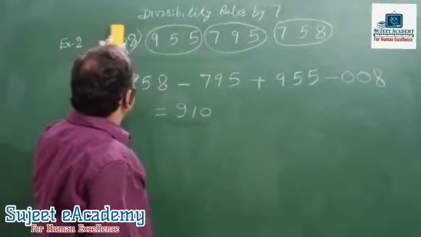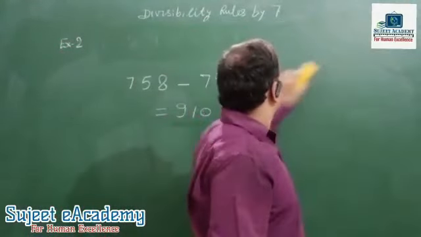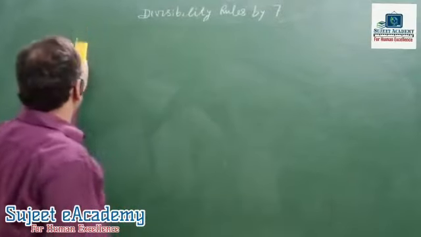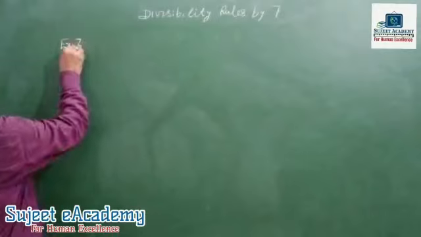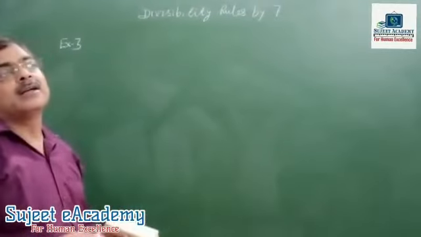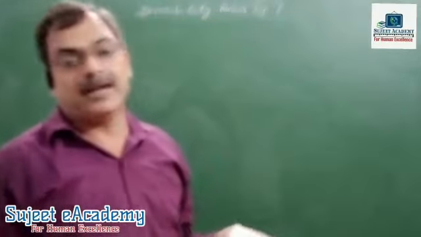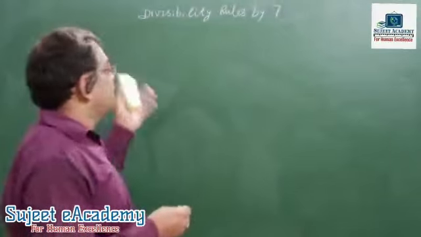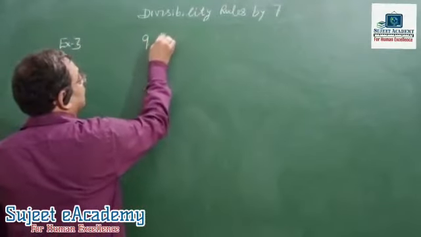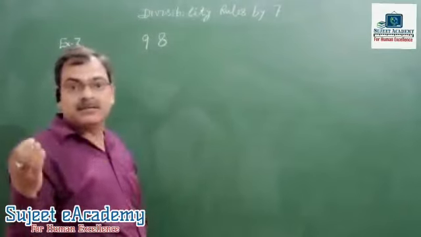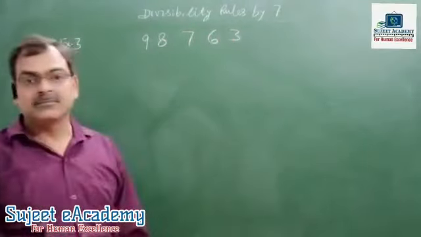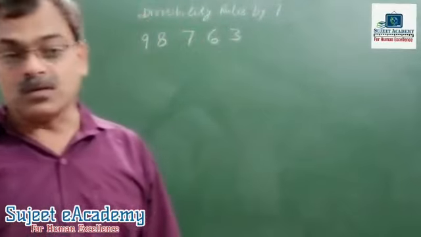Okay. Now the third example, with another method. Here the number is not so big, and we find whether this number is divisible by 7 or not. Is 98763 divisible by 7 or not?